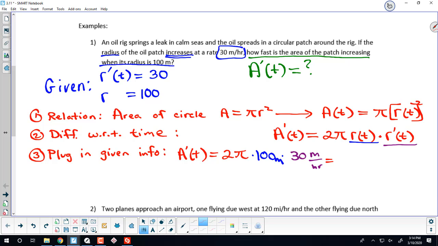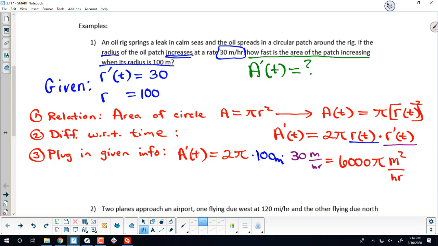It's 6,000 pi. And our units are meters times meters per hour, or meters squared per hour, which is what we would expect from an area, right? Square meters per hour as a rate of change of the area.